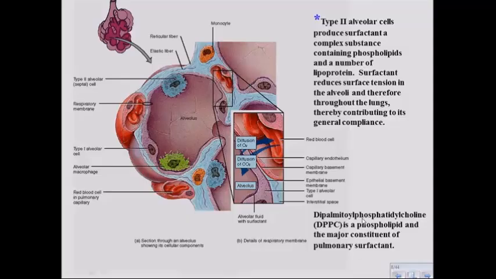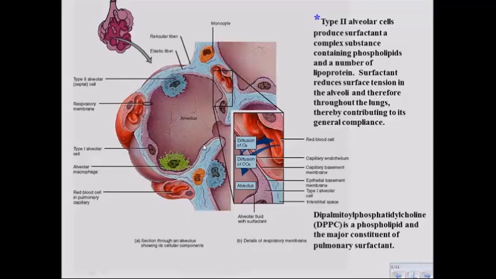And that surfactant will get in the way of the hydrogen bonds between water molecules and water molecules in the container, which in this case would be the alveolus. So you inhibit hydrogen bonding, which allows the lungs to inflate and allows them to stay inflated. Because without surfactant, the alveoli will collapse.